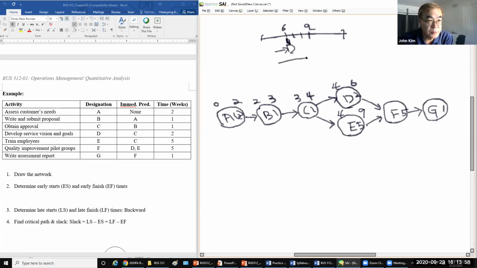So wait until E finishes at the 9th week, and then the next one can start. So F can start at the 9th week, and then plus 5, 14, then 14, 15. So early start time and early finish time go on the top left and right side.